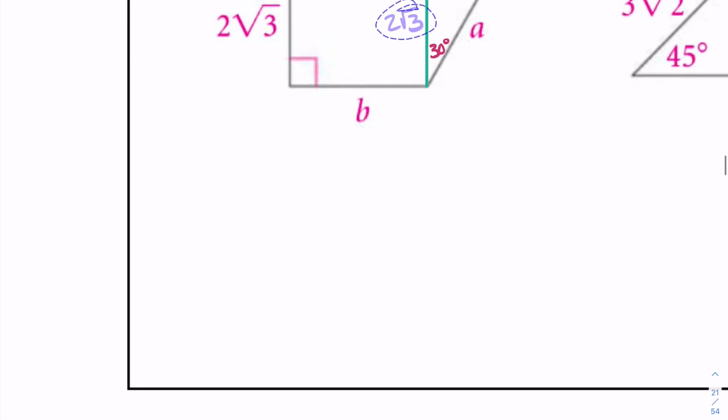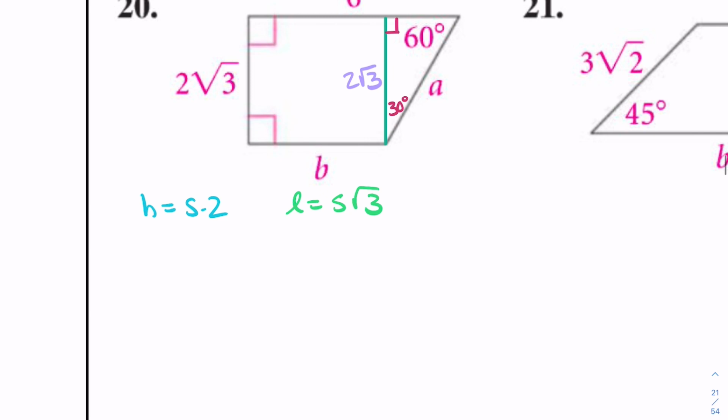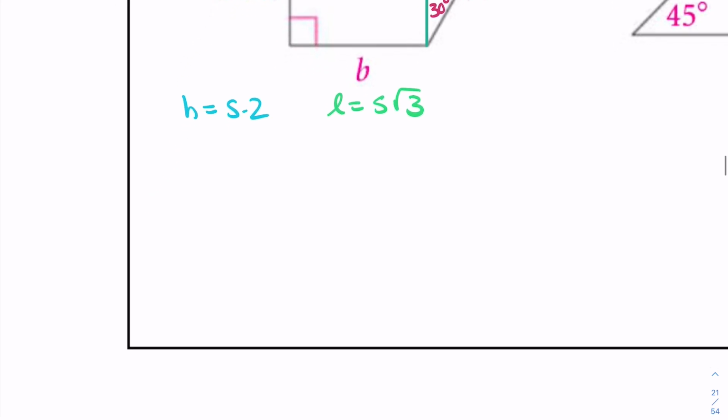So let's set up our equation. H equals S times 2, and L equals short times the square root of 3. It looks like we're given our long leg because it's opposite the 60 here. So we're given 2 square roots of 3 equals S times the square root of 3.